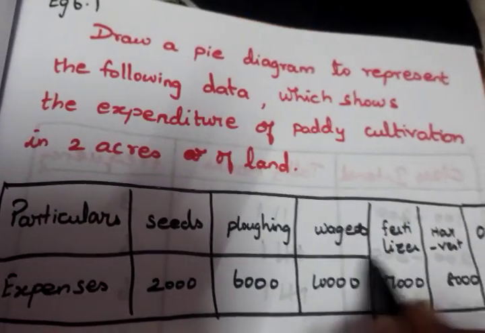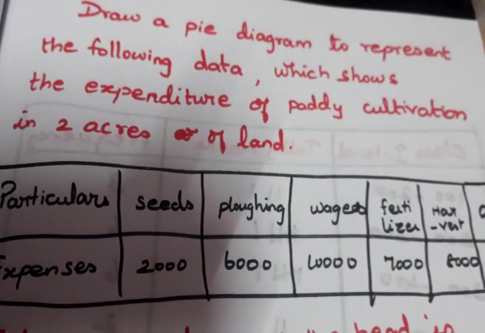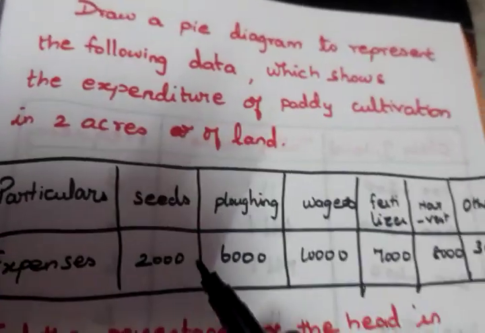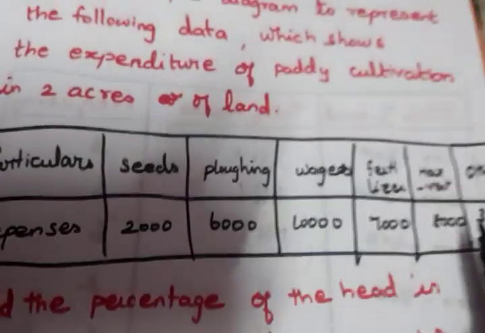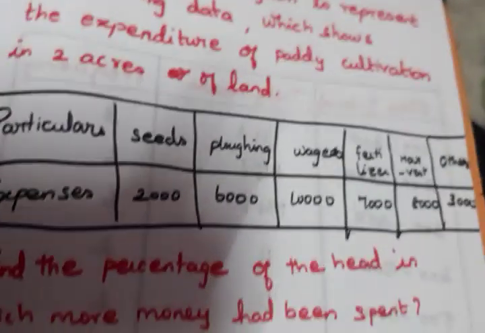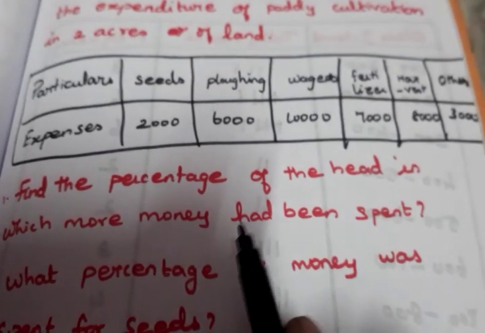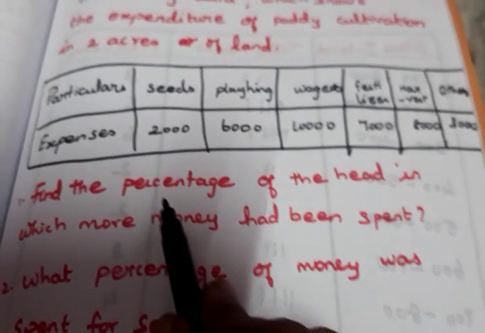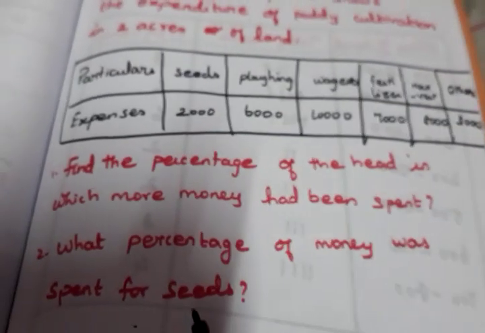The expense amounts are 2000, 6000, 10,000, 7,000, 8,000 and 3,000. First, find the percentage of the head on which more money had been spent. First question: what percentage of money was spent on seeds?